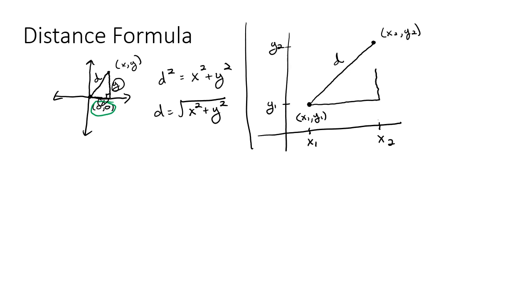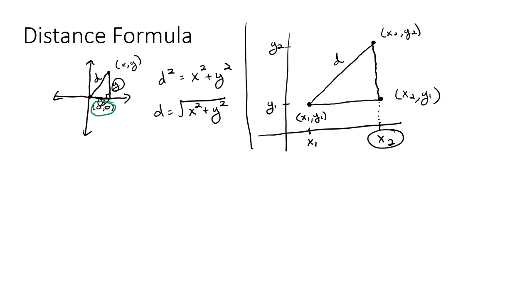So if I draw a right triangle out of this, what would the ordered pair for this point in the bottom right be? Well, you can tell from the axes that it would have the same x value as this point here. It would have x2, but it would have the same y value as this point here, y1.